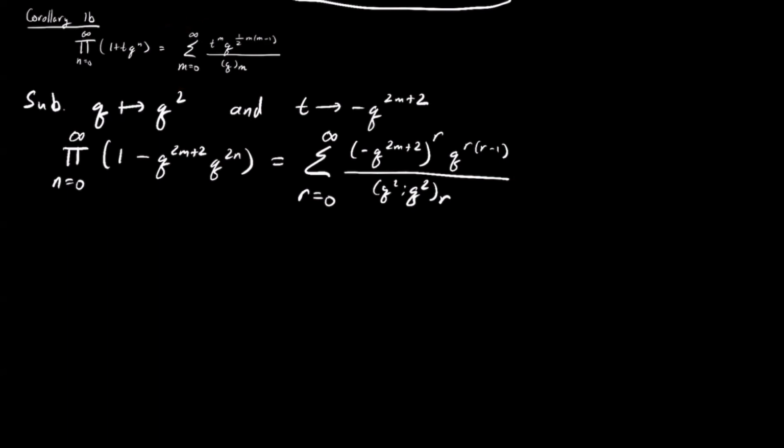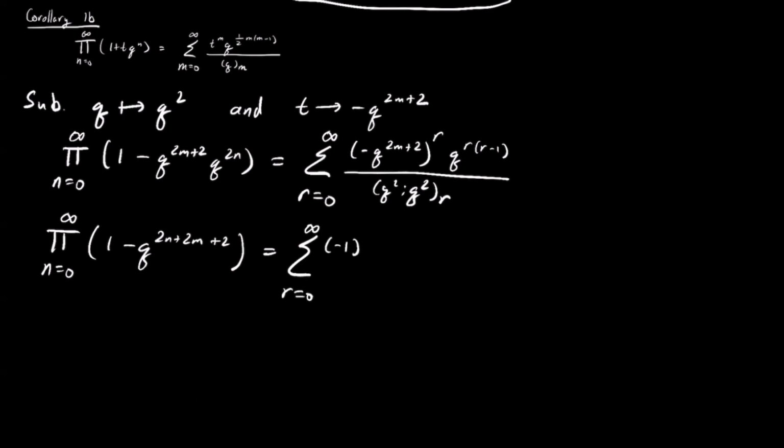Okay, so let's clean this up just a little bit. What does this become? This becomes the product as n goes from 0 to infinity of 1 minus q to the 2n plus 2m plus 2. And on the right-hand side, we end up with the sum r goes from 0 to infinity of a negative 1 to the r, a q to the r squared minus r, right?